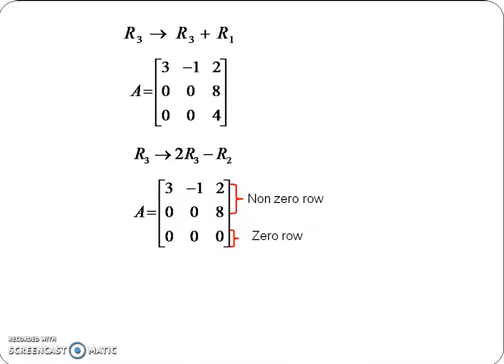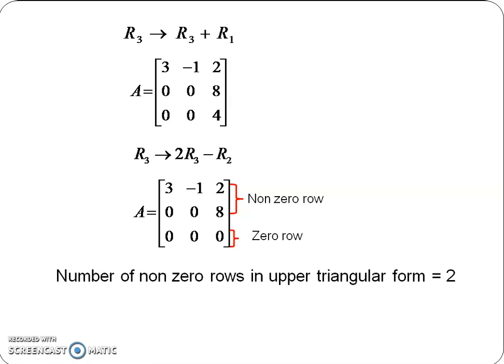That's why this is upper triangular form with the bottom row equal to a zero row, and the rank is nothing but the number of non-zero rows in upper triangular form. So rank of A is equal to 2. Whenever possible, convert the rows from the bottom to 0, converting without disturbing the previously obtained zeros.